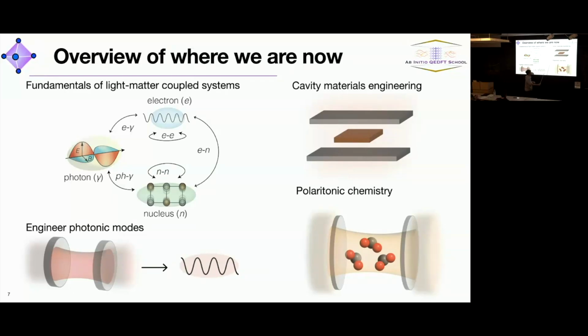One is if you use a solid state material inside a cavity, we call it cavity materials engineering. And if you use molecules and atoms inside this cavity and do something like chemical reactions, people call it polaritonic chemistry. This is also a very big field now.